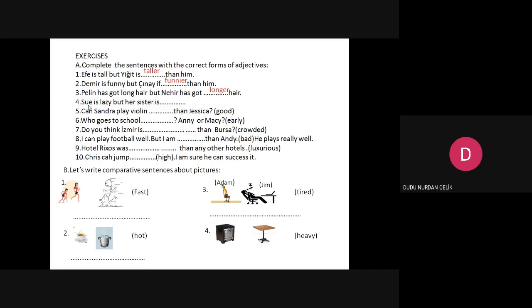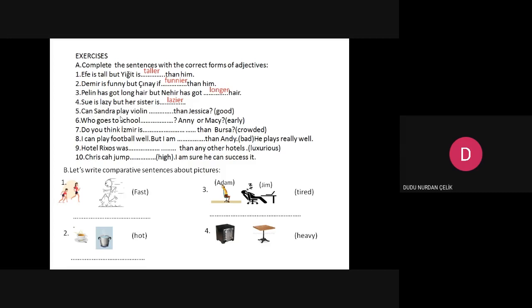Now, we're talking about Sue and her sister. Sue, her sister, two people again. Sue is lazy, but her sister is, well done, lazier. Very good. There's a question here.